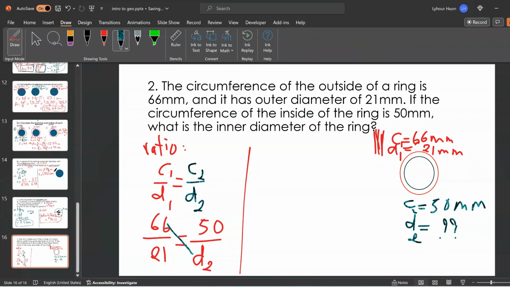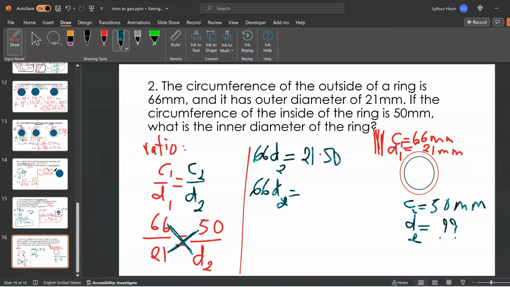So this is cross multiplication. Multiply crossing, this times this equals this times this. So 66 times D2 is equal to 50 times 21. So 66 D2 equals 21 times 50. Do you want me to do this manually or with a calculator?